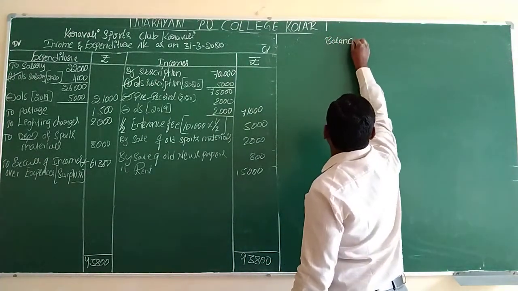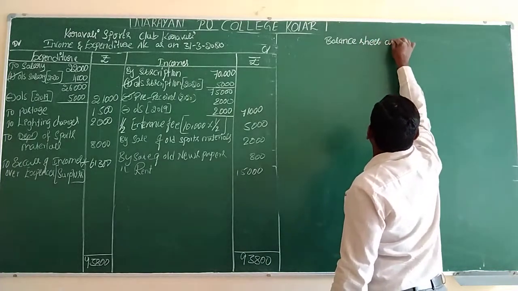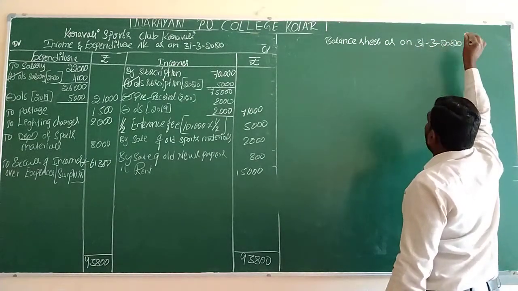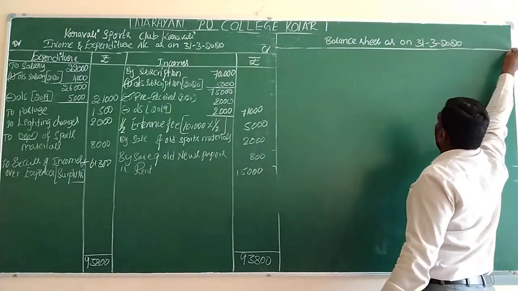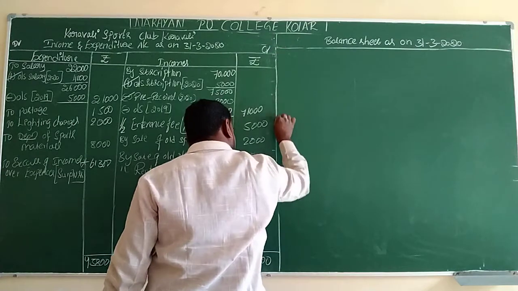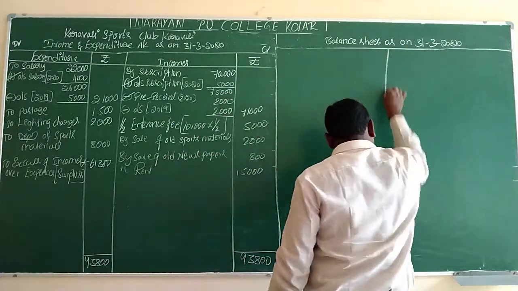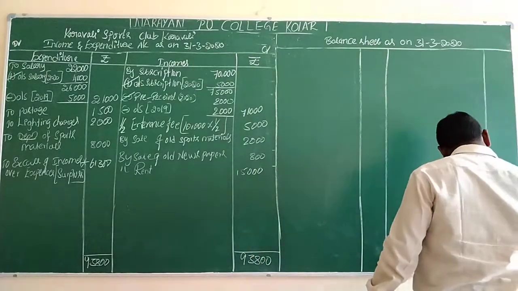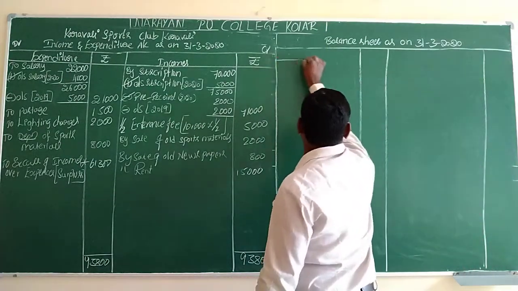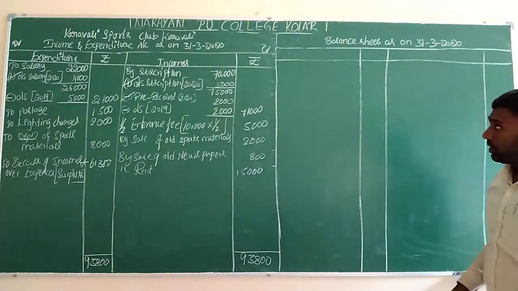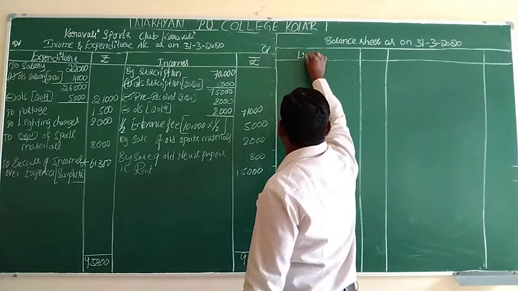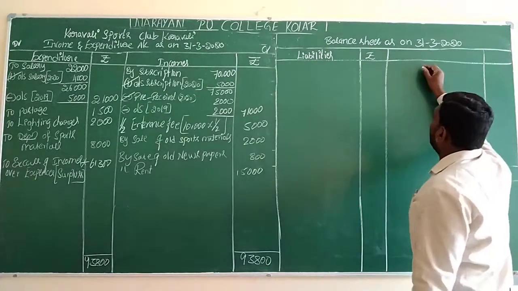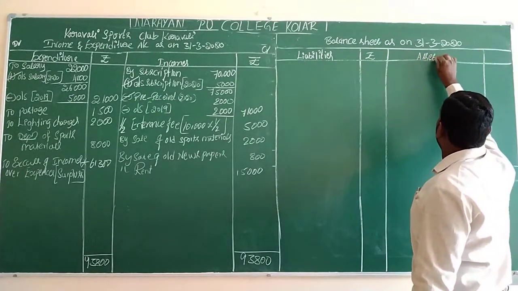Balance sheet as on 31st March 2020. So for the balance sheet, on the left hand side, liabilities, amount, and on the right, assets, amount.